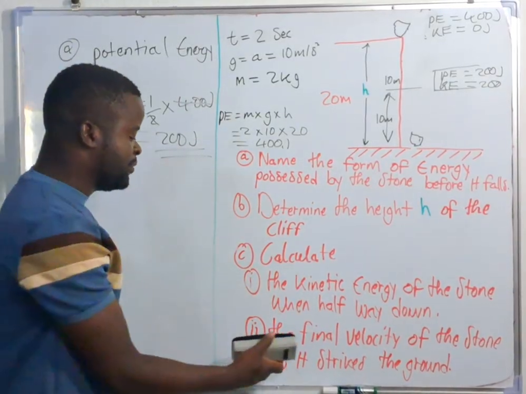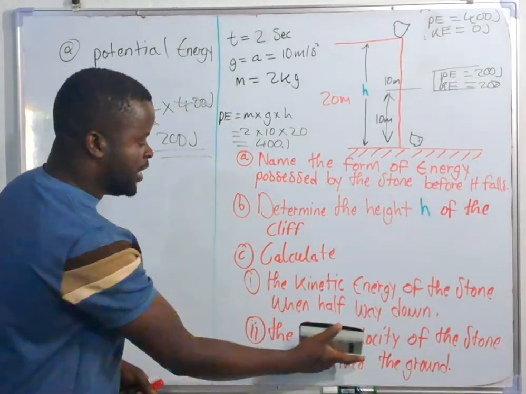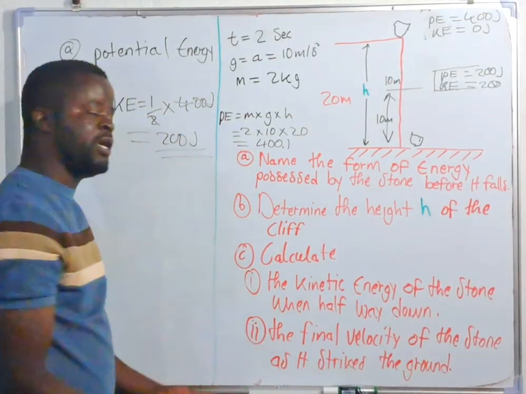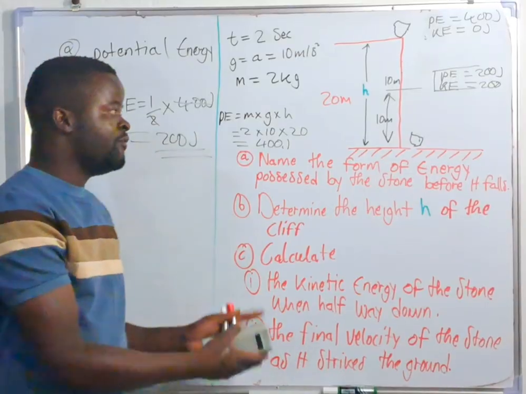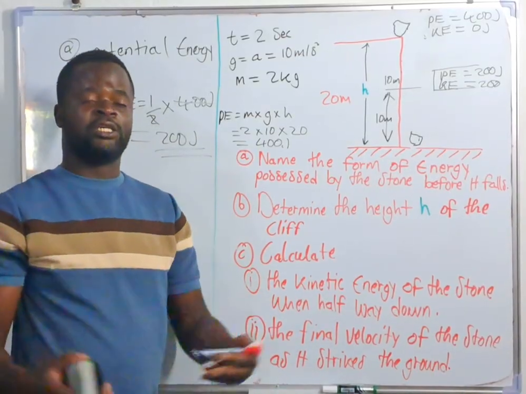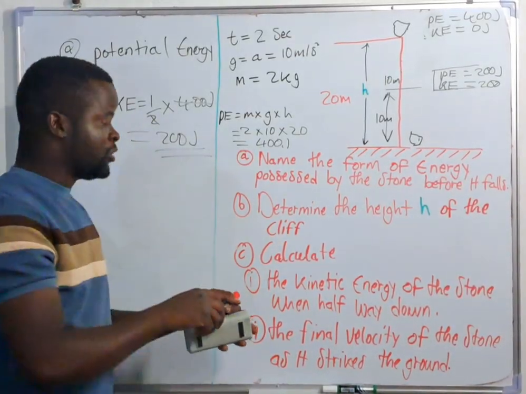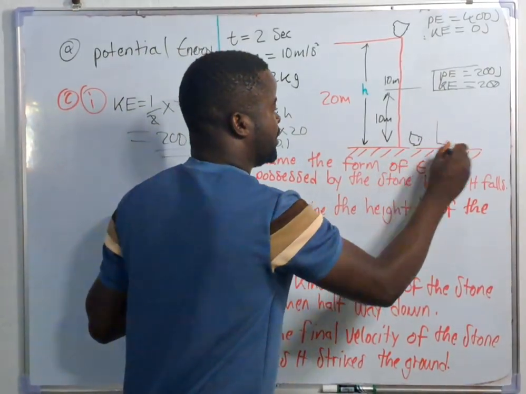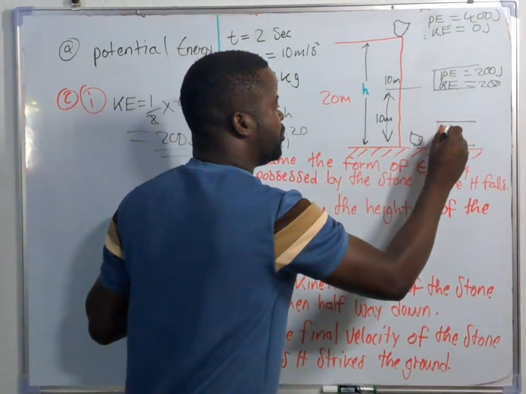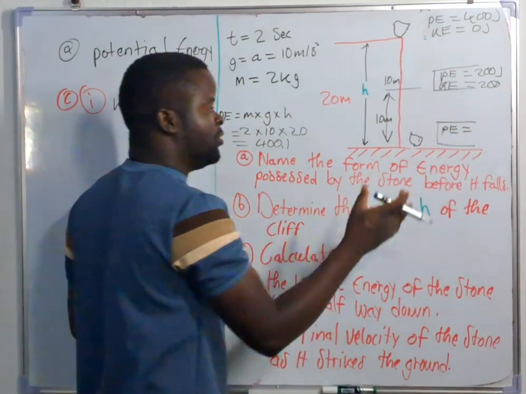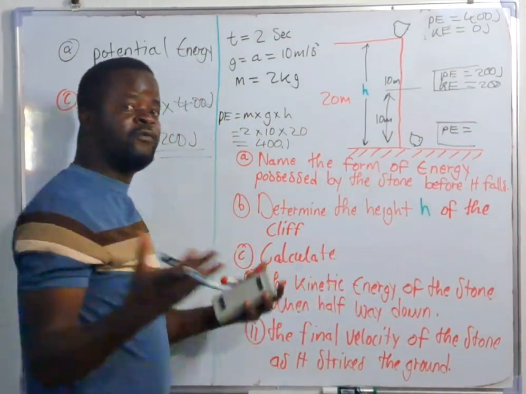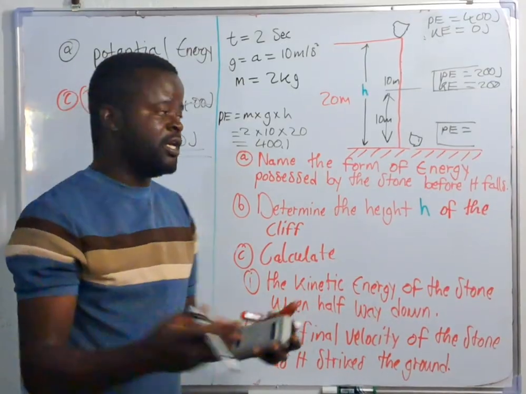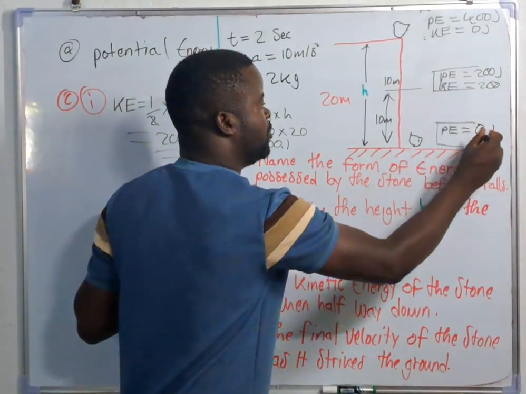We are asked to calculate the final velocity of the stone as it strikes the ground. Quite interesting. Remember, we are talking about a stone which is falling. Before the stone strikes the ground, according to the law of conservation of energy, the potential energy is equal to 0 joules.